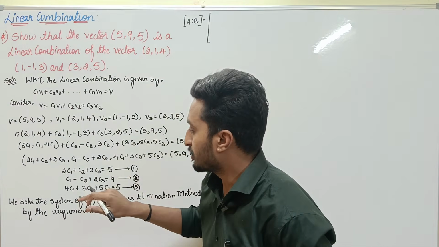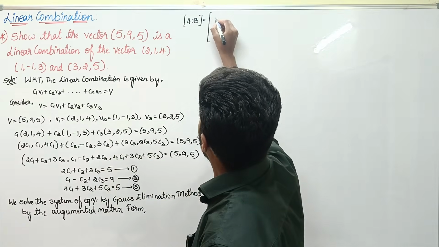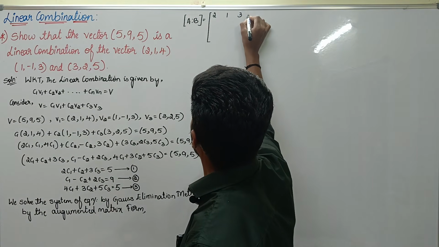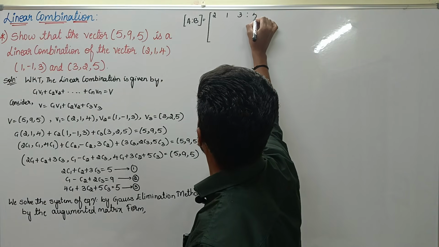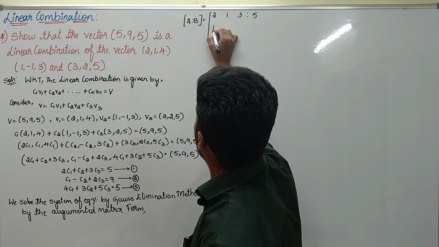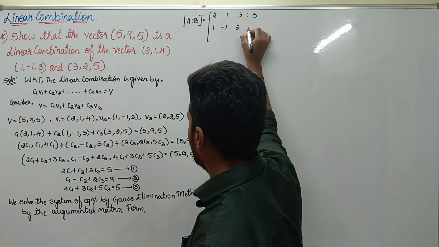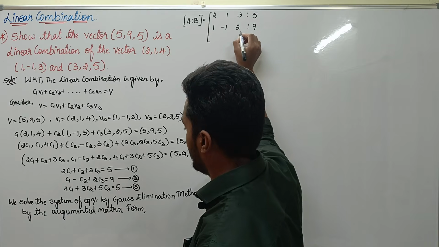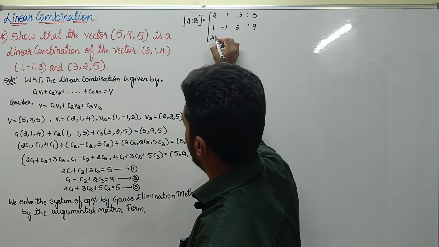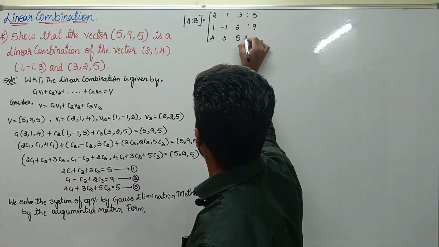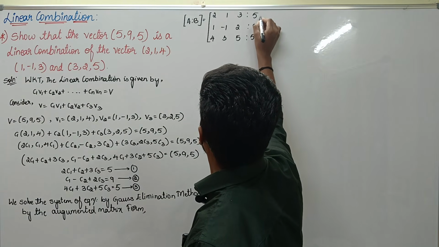Now let us represent the coefficients. That is 2, 1, 3 augmented with 5. Next 1, minus 1, 2 augmented with 9. Then 4, 3, 5 augmented with 5.